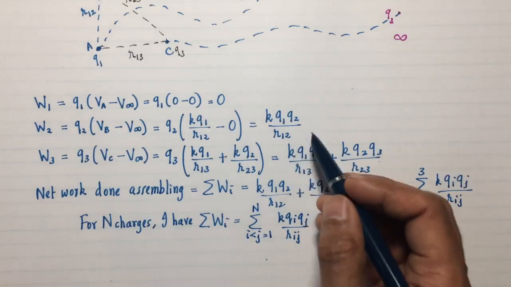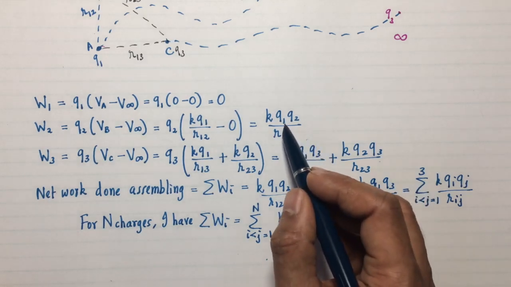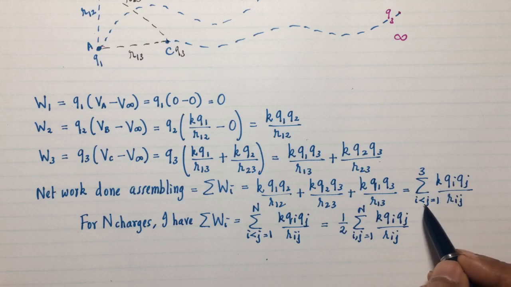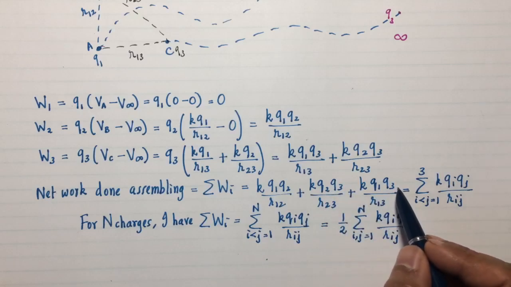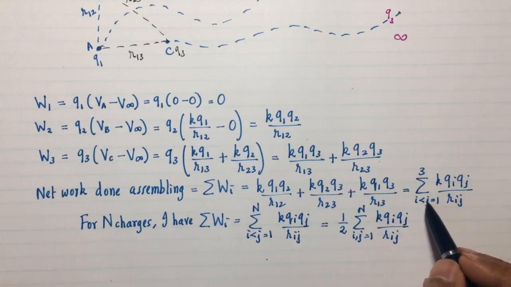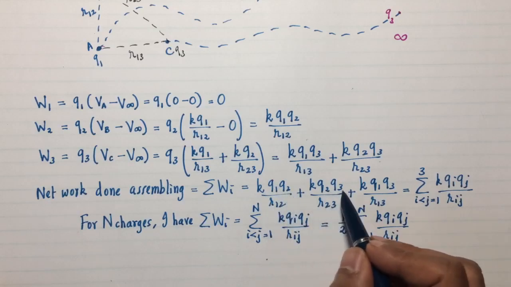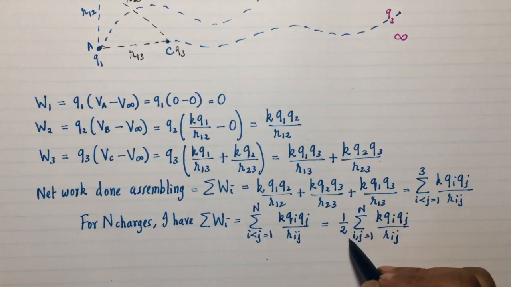In other words, each term is counted twice because there is no restriction that the first index be smaller than the second index. In here, we are restricting that i is always less than j. That means you can only have 1,2, 2,3, and 1,3. You can't have any other terms. If you remove that restriction, you can have 1,2, 2,1, 2,3, 3,2, 1,3, and 3,1. So you have to divide by 2 because you're double counting the terms. Either of these two can be used.